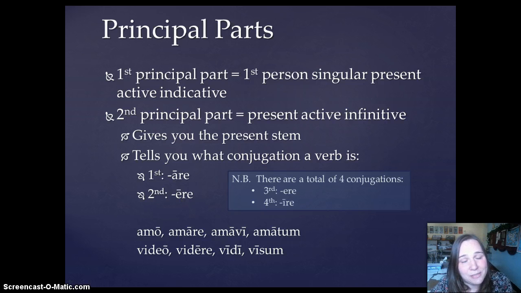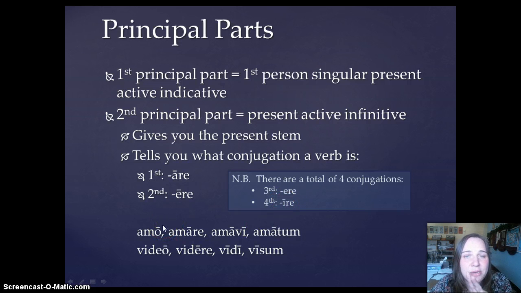The reason for that is because there are a total of four conjugations in Latin. We're only doing the first and second for right now, but the third conjugation is an -ere without the macron. So you need to be able to differentiate between a second conjugation verb and a third, and it's only that macron in the second principal part that's going to tell you. The fourth conjugation ends in -ire.